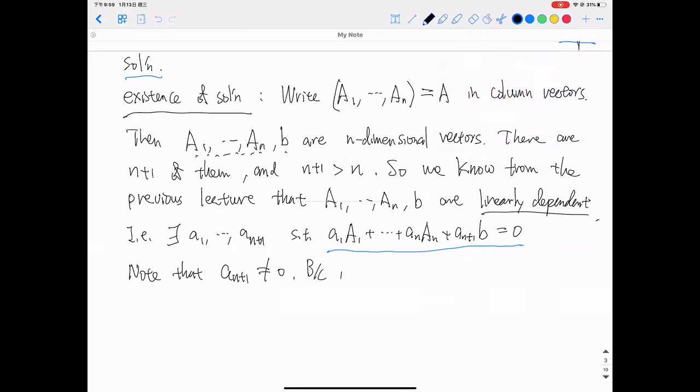Because if a(n+1) were 0, this equation becomes a1 A1 plus ... plus an An equal to 0.